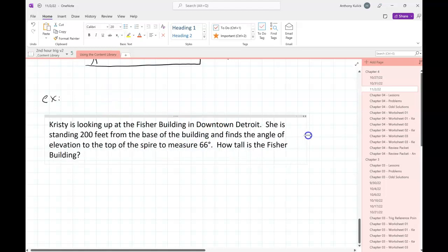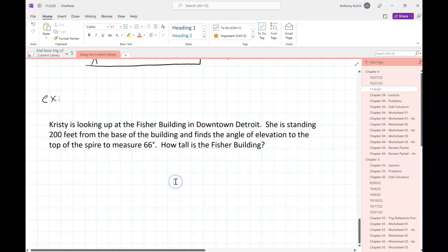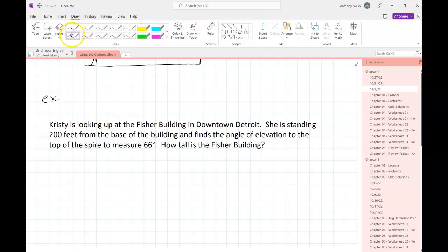She is standing 200 feet from the base of the building and finds the angle of elevation to the top of the spire to measure 66 degrees. How tall is the Fisher Building? I'm going to start by drawing a picture here. So there's Christy. There's the top of the Fisher building.